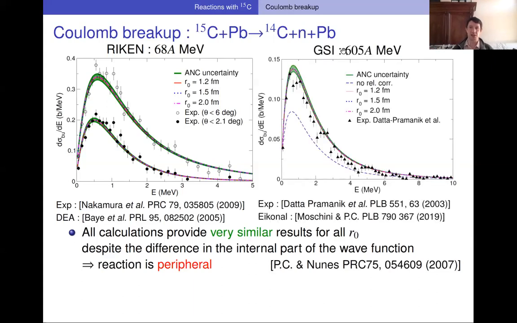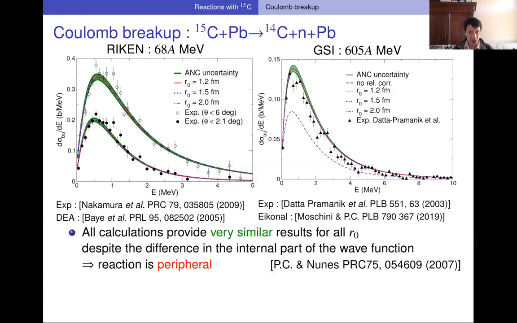This is the GSI energy, and we use, as I've mentioned before, the relativistic correction to the eikonal approximation developed by Laura Moschini when she was in Brussels. And here again, you see that all the calculations lie on top of each other.